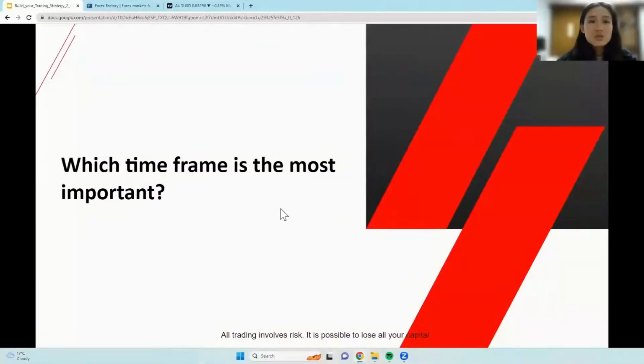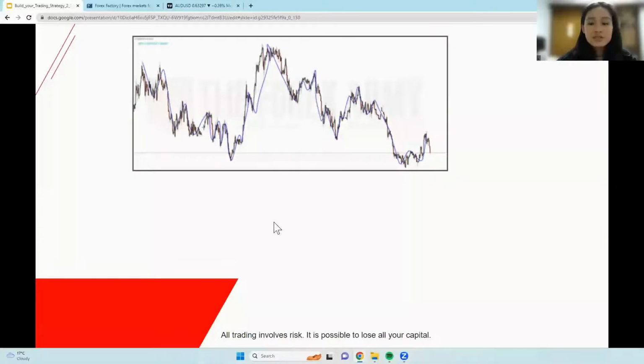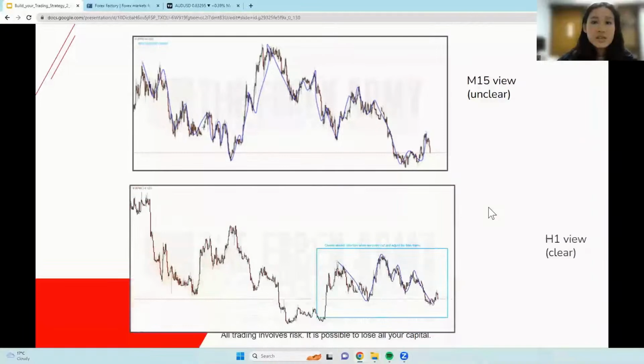So obviously, if you are looking at which time frame is the most important, if we're looking at the same chart, this is on the M15, and you can see that it's really unclear. And this is on the 1 hour view, which is clear.